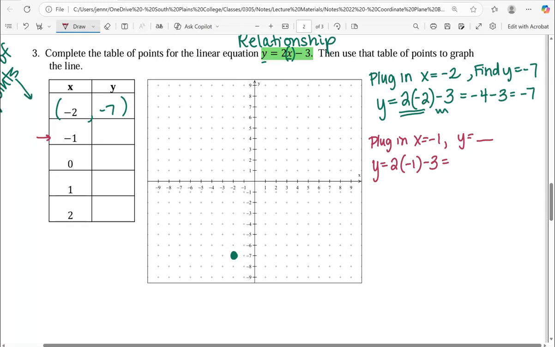Just like we did a minute ago, 2 times -1, if I multiply first, that gives me -2. -3 tags along, giving me -5 in all. So when x is -1, y is -5. And together that creates an ordered pair.